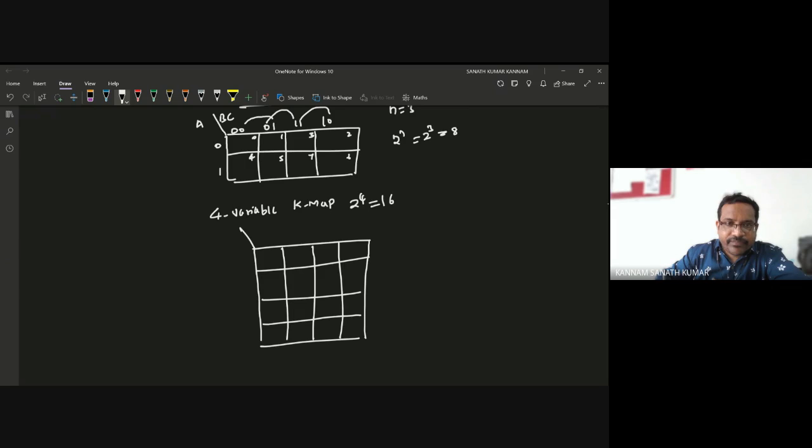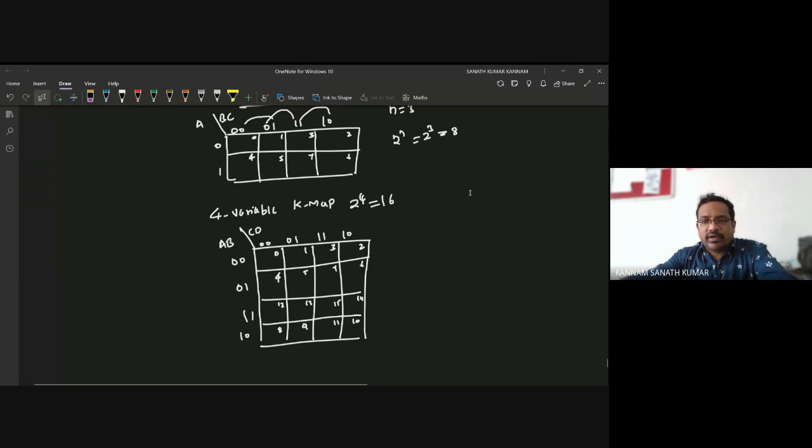So this is AB, this is CD, 00, 01, 11, 10 for both. The cells are 0 1 2 3 4 5 6 7, and here you will get 8 9 10 11 12 13 14 and 15. So this is a 4 variable map, and in total you have 16 cells.